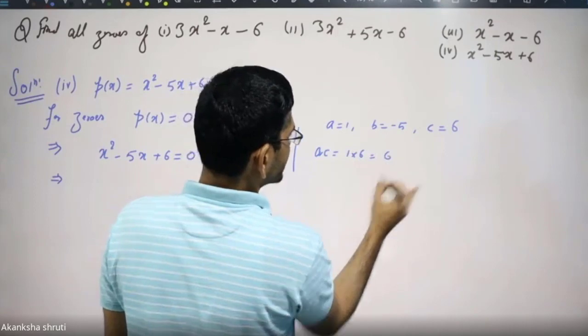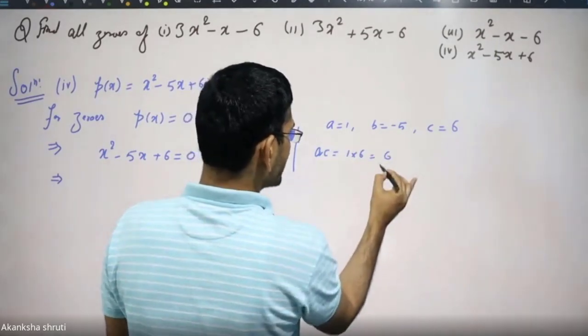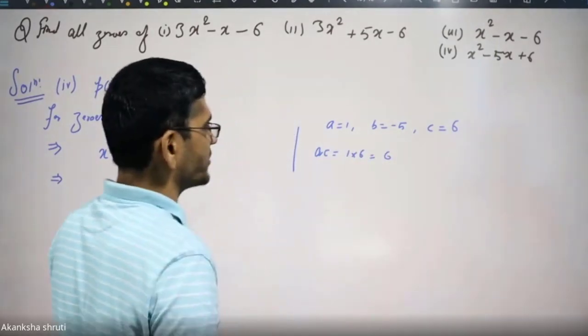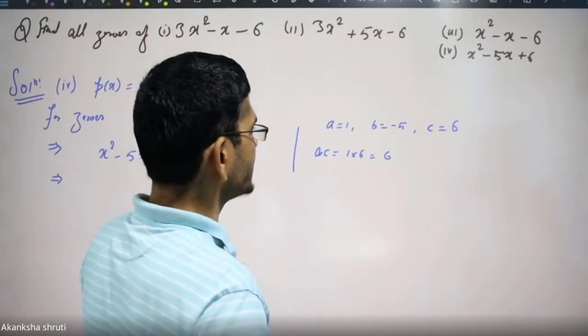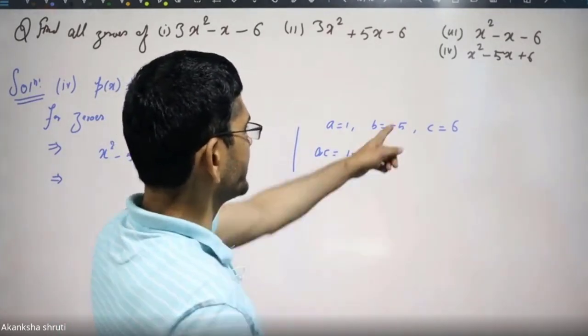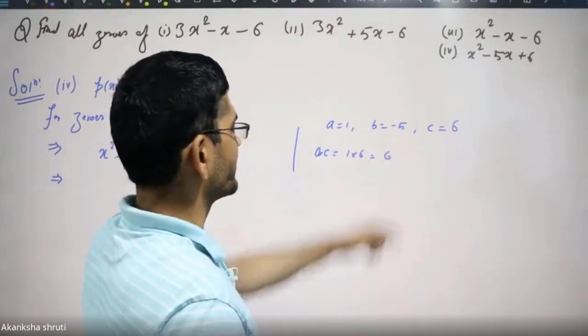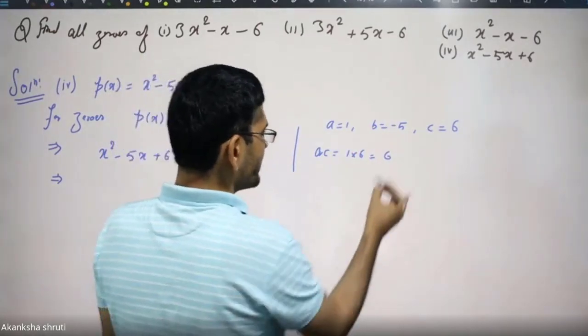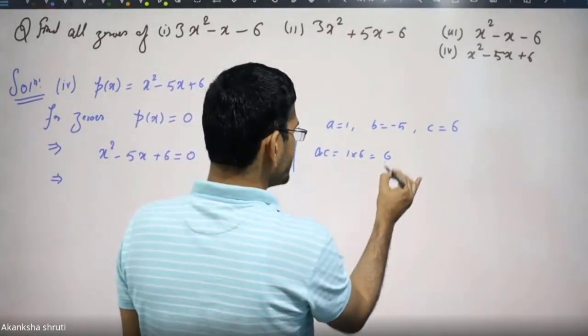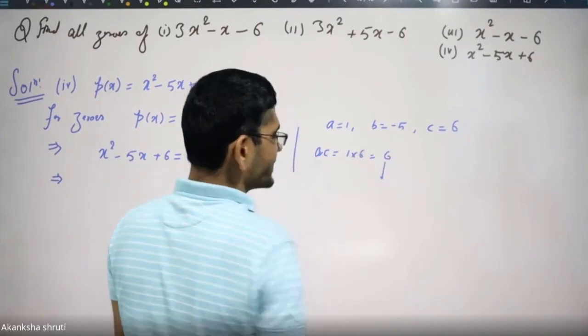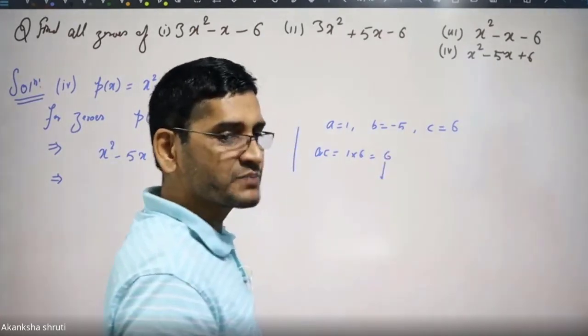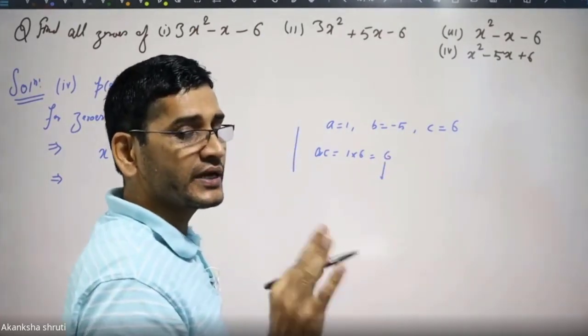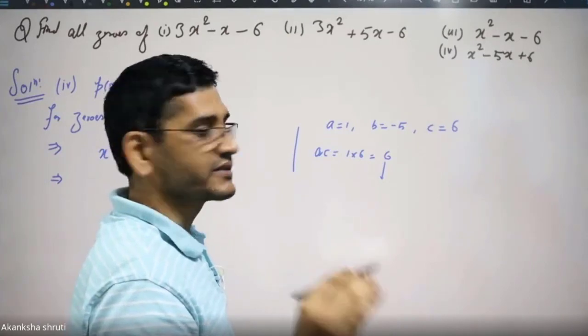It is 6. Now write all the possible factors of 6 and choose that factor pair which can give us minus 5. So student, keep in mind it is a positive number. Can I get this minus 5? Yes, it is possible when both the pair of factors are negative.